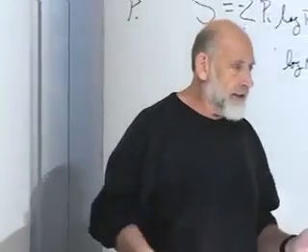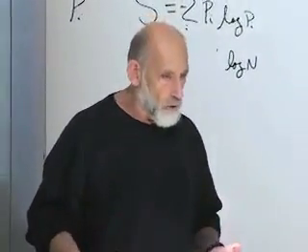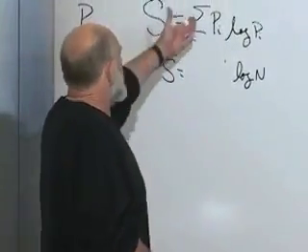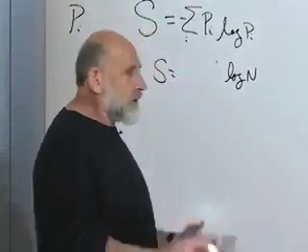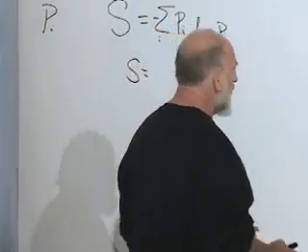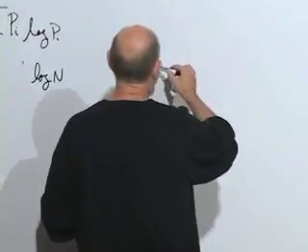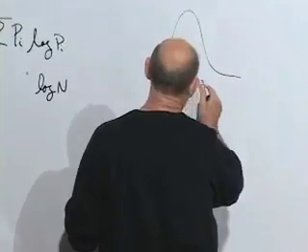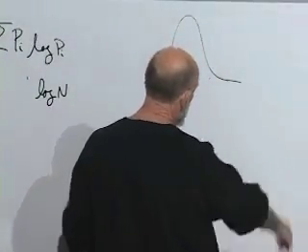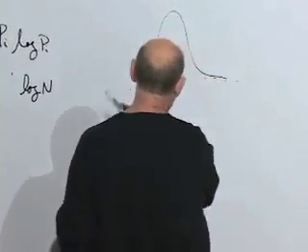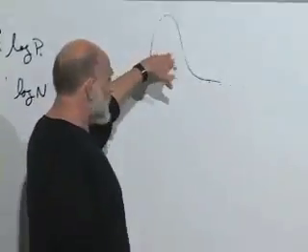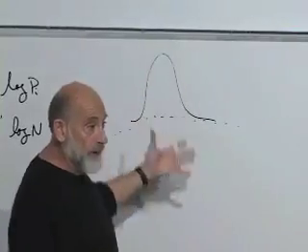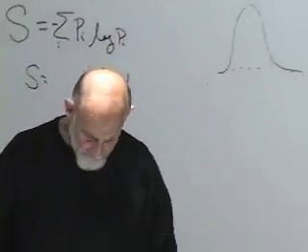That's as close as I can get to give you a definition in words, but you don't need a definition in words. This is precisely what it is. But nevertheless, it is true that if you have a probability distribution which is fairly large over some set of states and then pretty small everywhere else, the answer for the entropy will essentially be the logarithm of the number of states for which the probability distribution is significant.